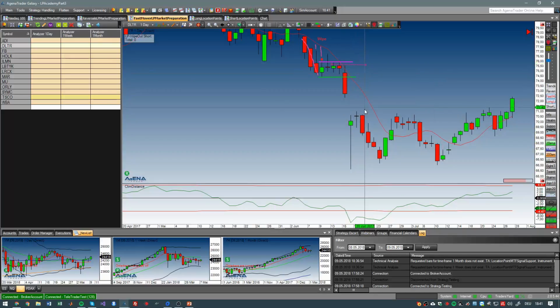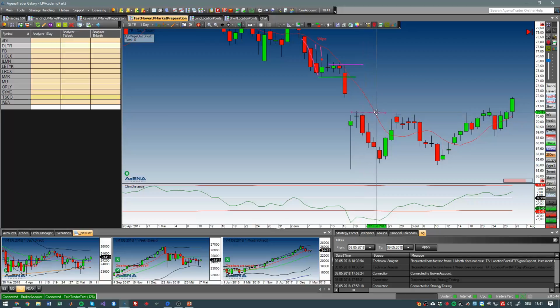If you trade it completely through, we will put our soft stop here, hard stop here, and then we are at this candle.